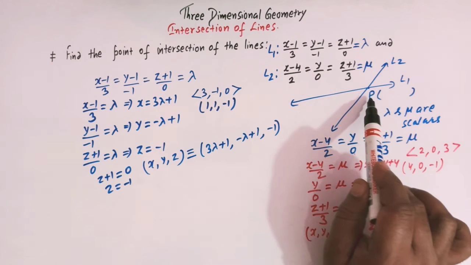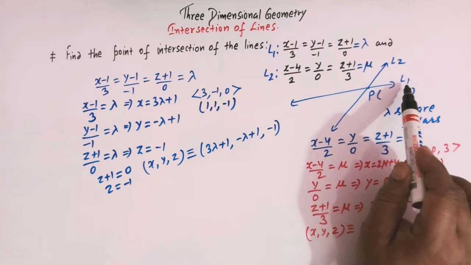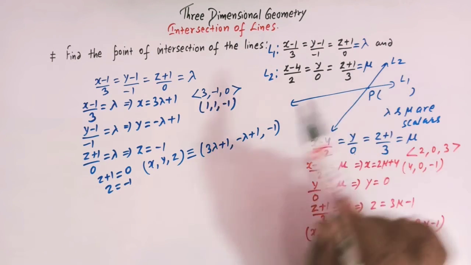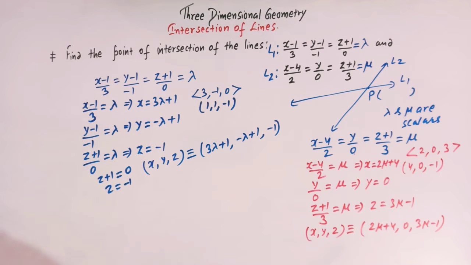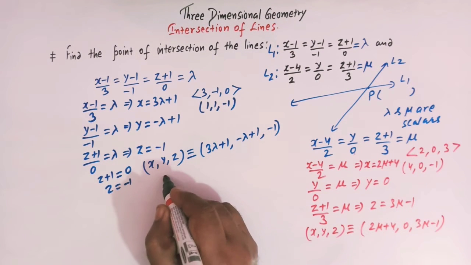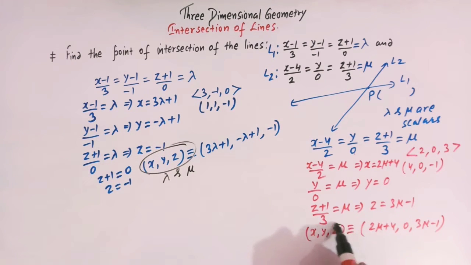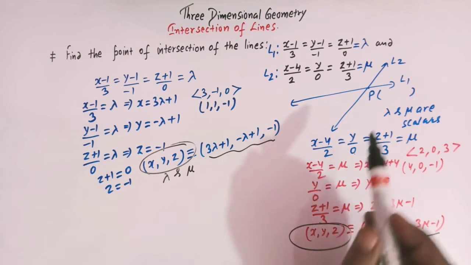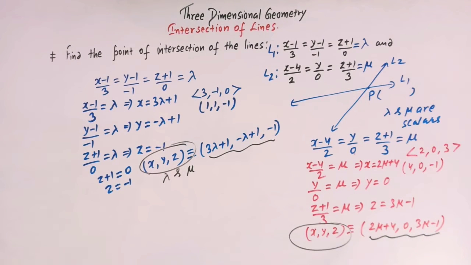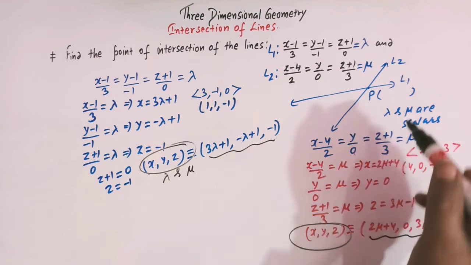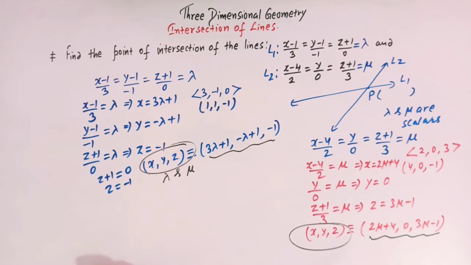Because this point P lies on this line L1 as well as on the line L2, right? So for some value of lambda and mu, these two coordinates must coincide, right? So it means this coordinate must be equal to this coordinate, right? Because this point of intersection is a common point between the line L1 and L2, right?